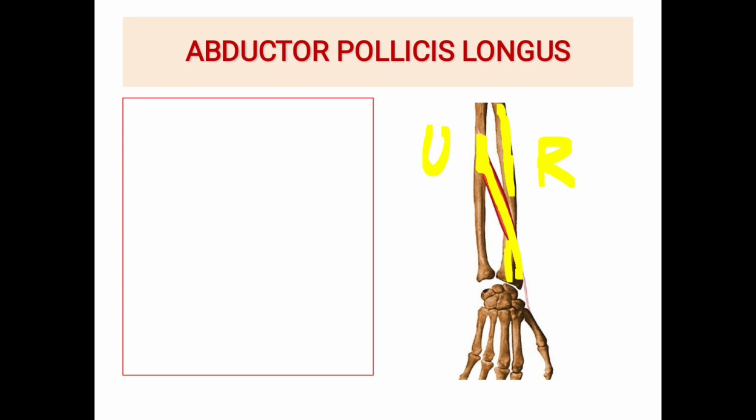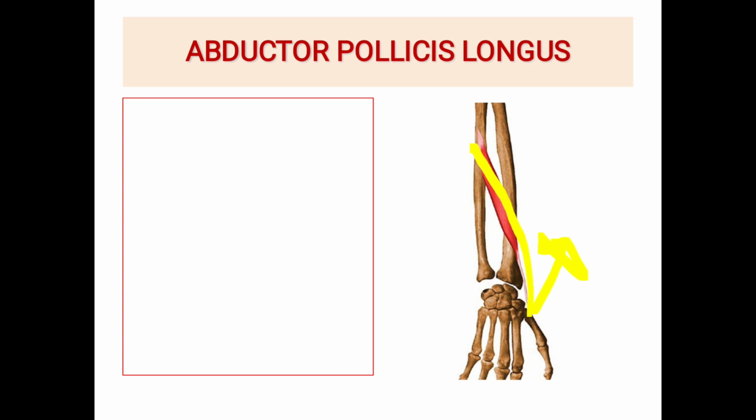That's why it is longus. It will go to the anterior and pull the thumb, and it can abduct the thumb.